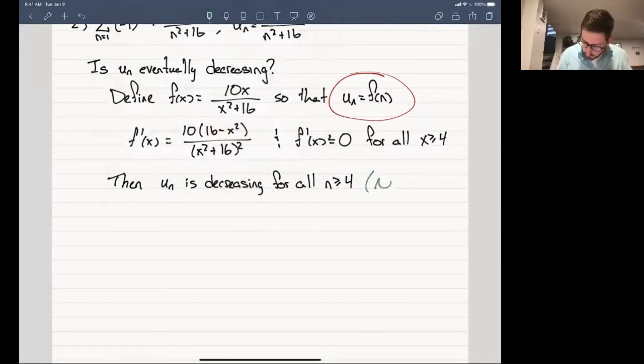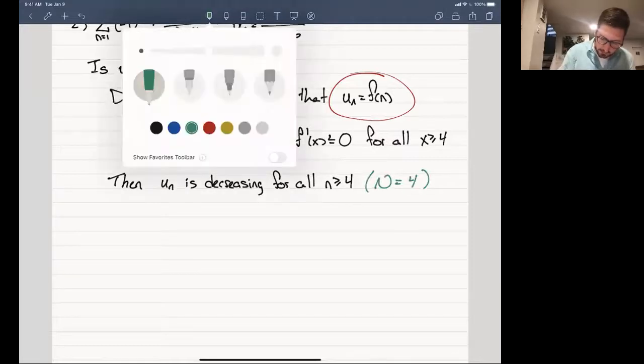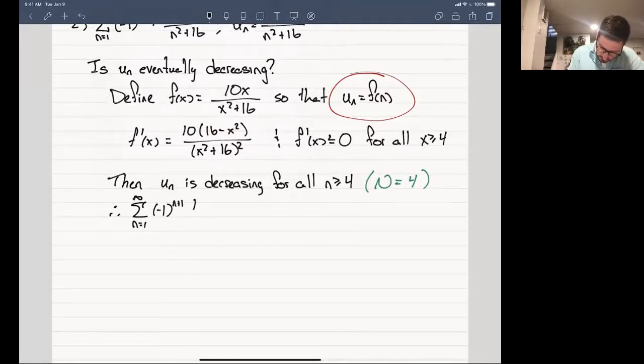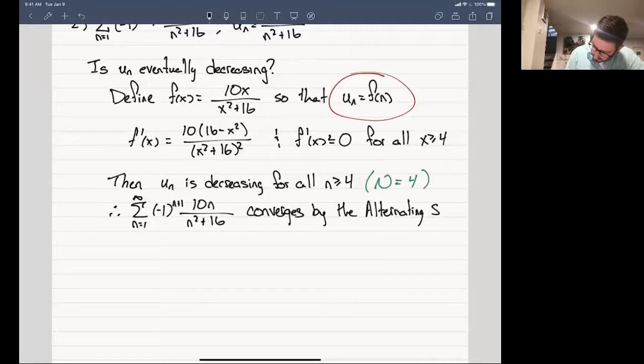We can put a little note in here that capital N is equal to 4. Now we've used a little bit of calculus to get exactly what we need out of this. And so therefore, this sum, (-1)^(n+1) times 10n divided by n squared plus 16, converges by the alternating series test.